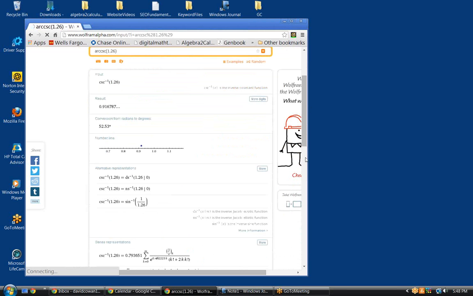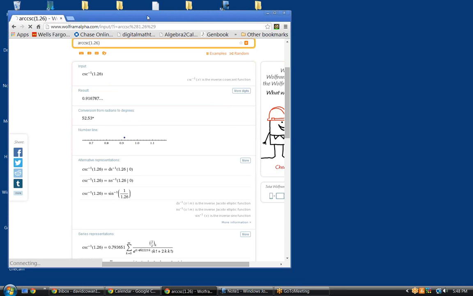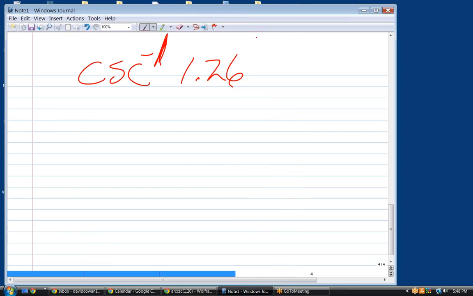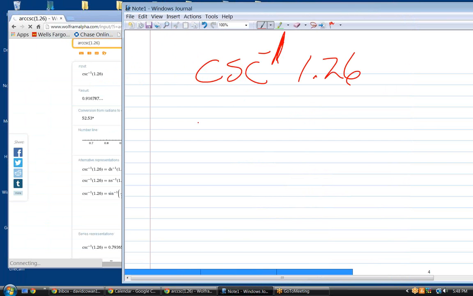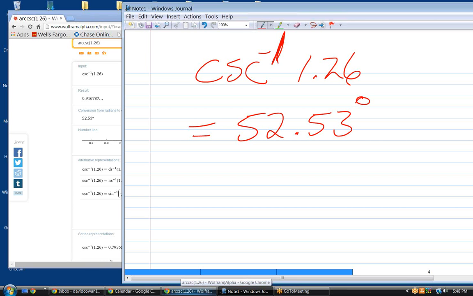It gave me the result in radians and degrees, and you'll notice that it's 52.53 degrees. So how do we change that to minutes? Would you divide 360 by 52? No. Divide 52 by 360. In other words, there are 60 minutes in a degree, and there are 60 seconds in a minute.